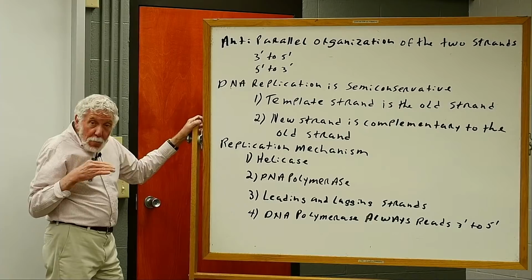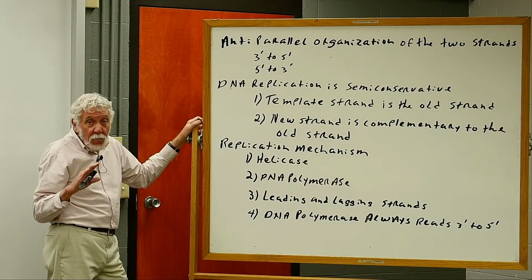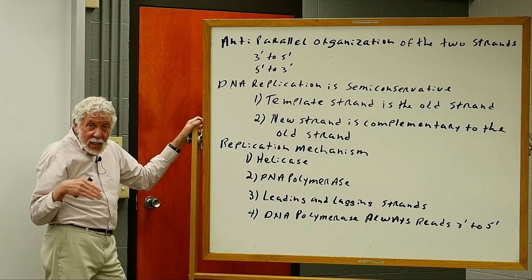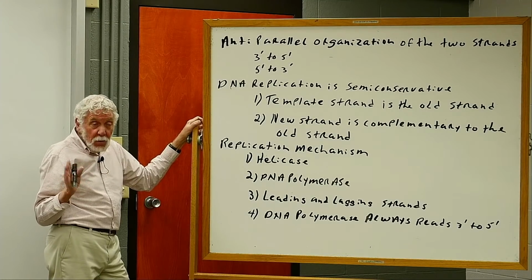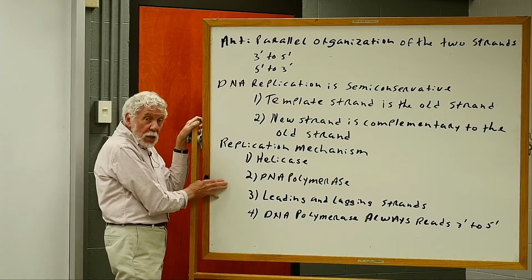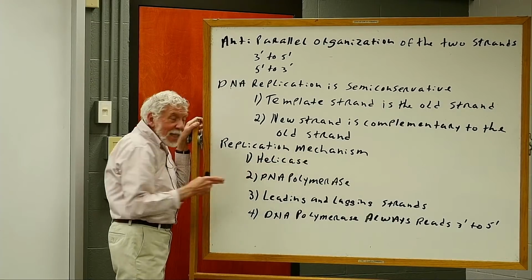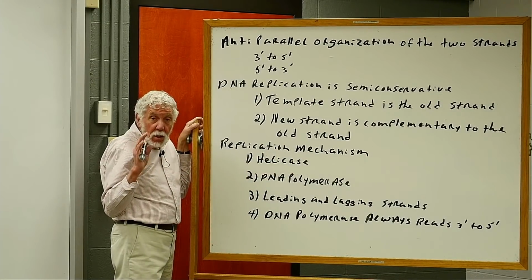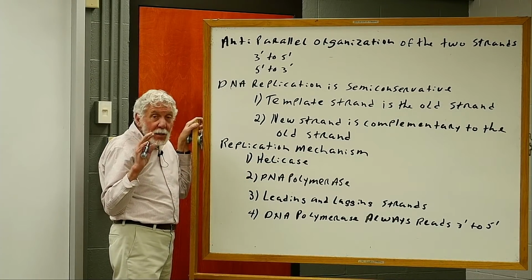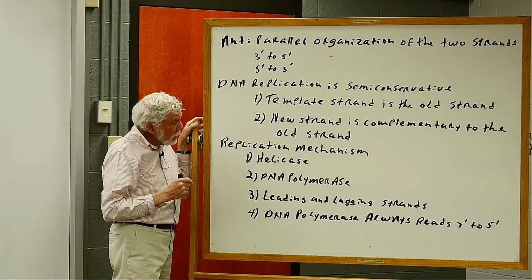The replication mechanism, again, we're going to boil this down to a handful of proteins. If you get into the weeds of this, there are a few more of them. There's some very interesting things about the replication. But the major players I want to talk about are first a helicase. Remember that the DNA molecule, its lowest order thermodynamic state, is such that it's thrown into this double helix.